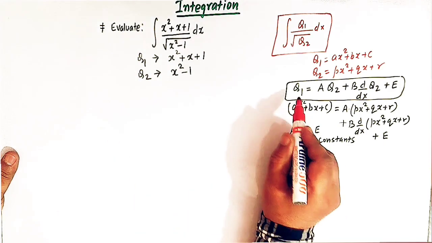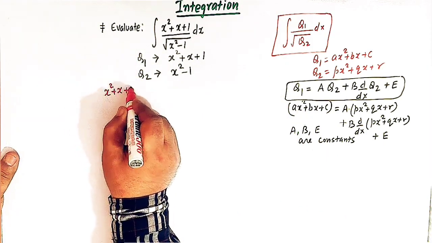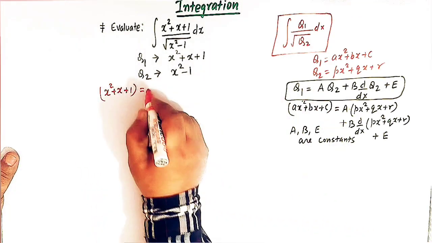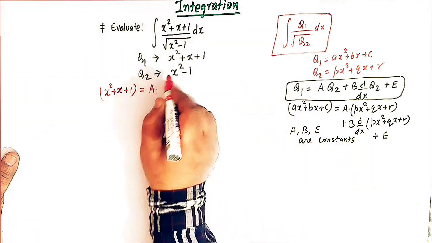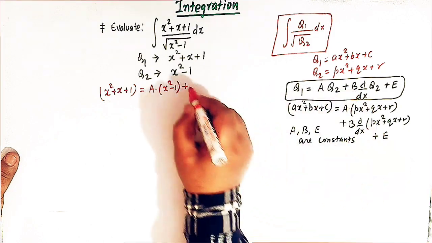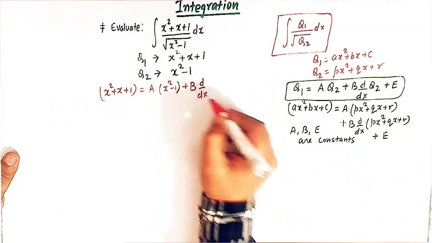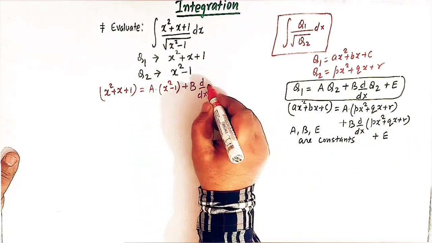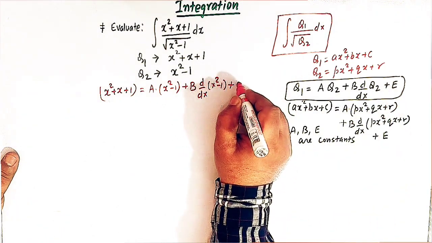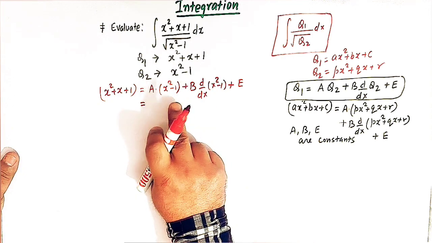So now let us write q1 as x square plus x plus 1, and here we have the constant a times q2. q2 is x square minus 1. Then we have b, and the derivative of q2. q2 is x square minus 1, and then we have here the constant e, right? So let us simplify this expression.